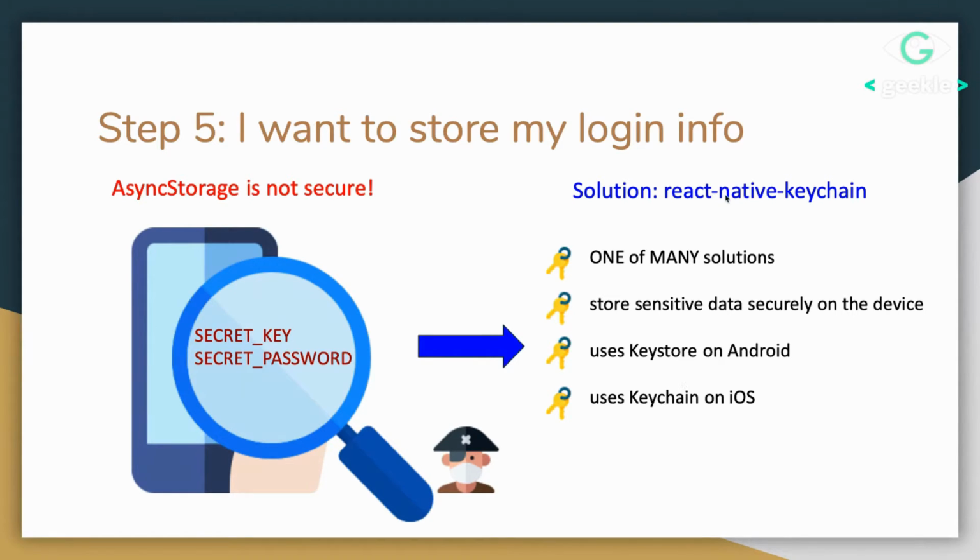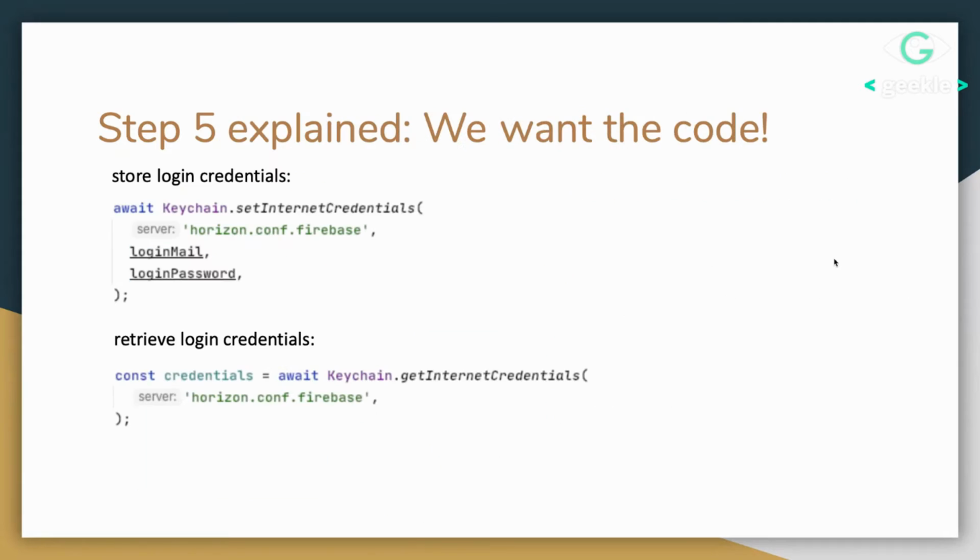And this library, again, is very easy to use. This is why I mention it here. So, for example, if I want to store my login credentials, I can just use the setInternetCredentials function of the keychain library. I give my server some name, and then I put in the login mail and the login password here.